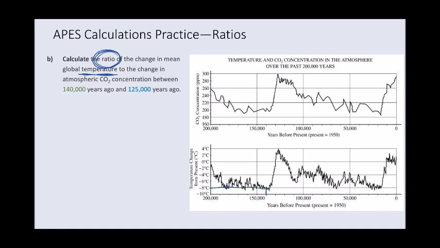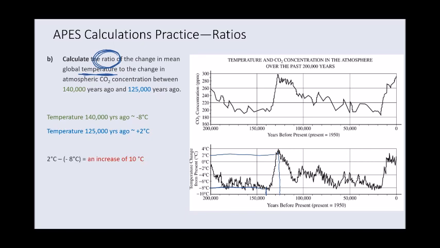And 125,000 years ago gives me about 2. So -8 degrees Celsius for 140,000 years ago, and +2 degrees Celsius from 125,000 years ago.